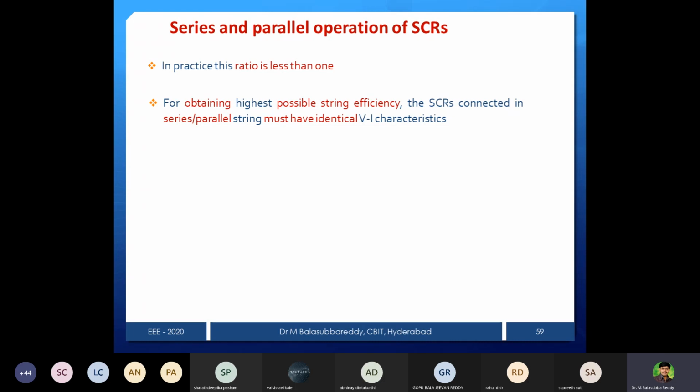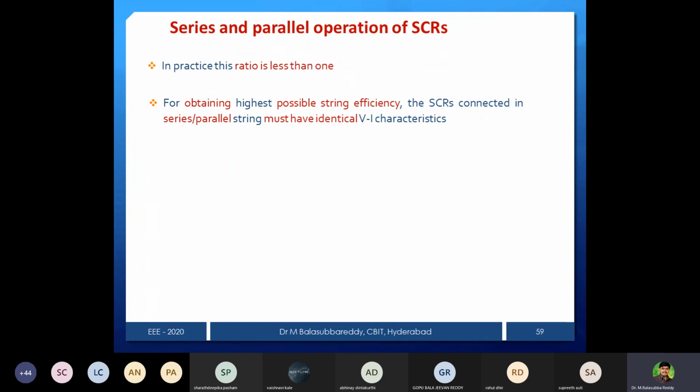If both SCRs are not turned on at the same time, or the turn-on times are different, there is a lot of problem, because a short circuit will occur.